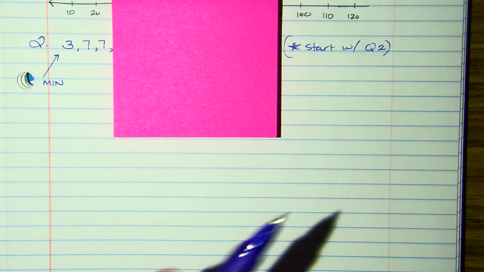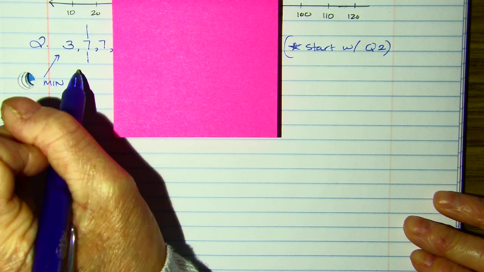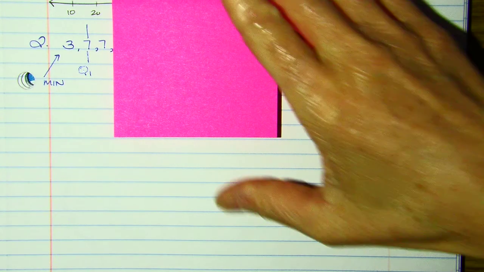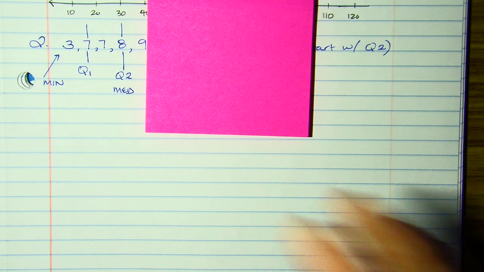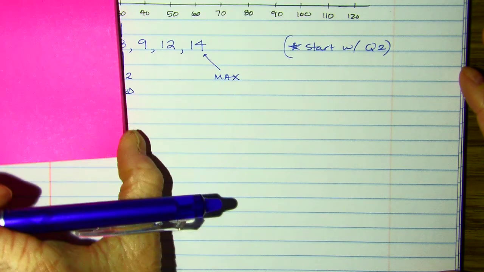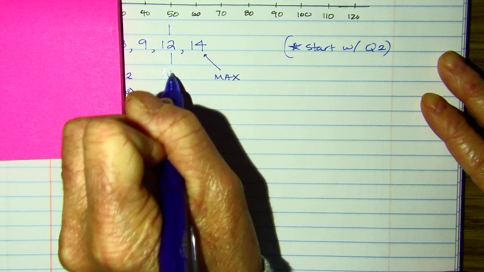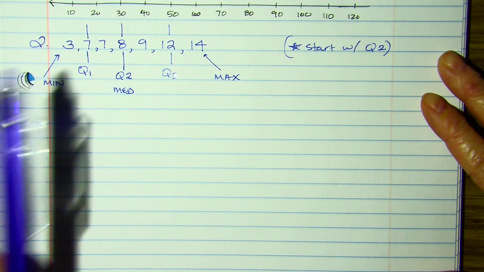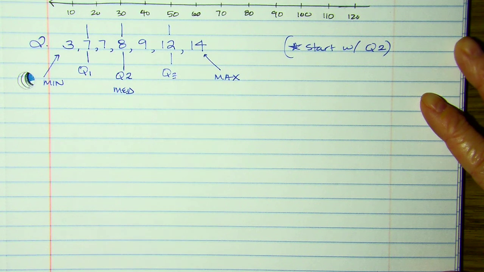Well, there's 3 numbers, so if I draw a line here, there's quartile 1. Notice now I've got a number, a quartile, a number, a quartile. It's a perfect pattern. So I'm going to repeat that here. I only have 3 numbers, so I'm going to have to make this quartile 3. But now I have a number, a quartile, number, a quartile, number, a quartile, number.